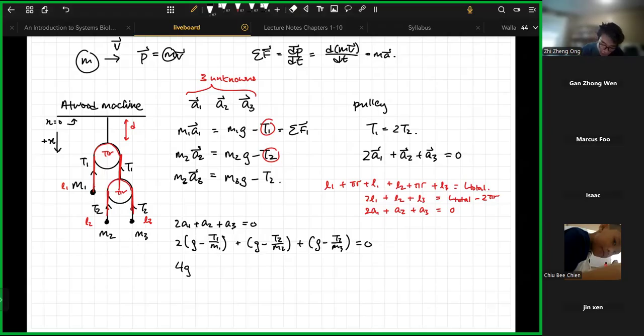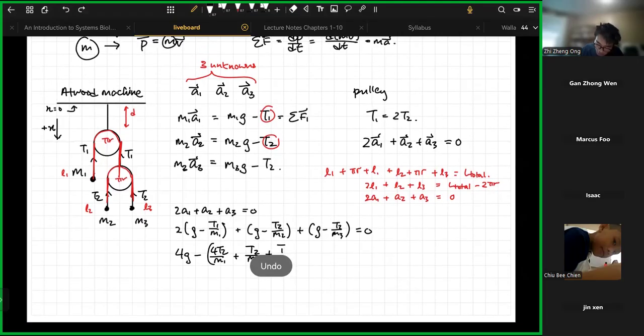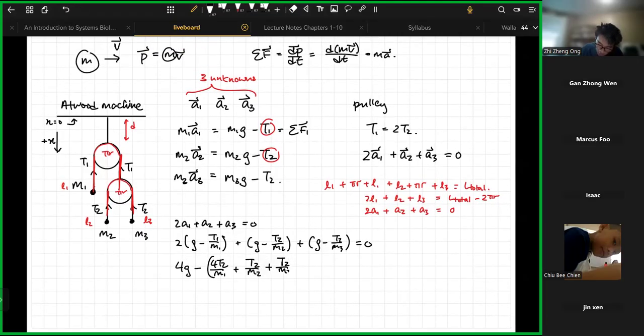So 4G minus 2T1, 4T1 over M1. Sorry, 4T2 over M. Okay, now we're there.